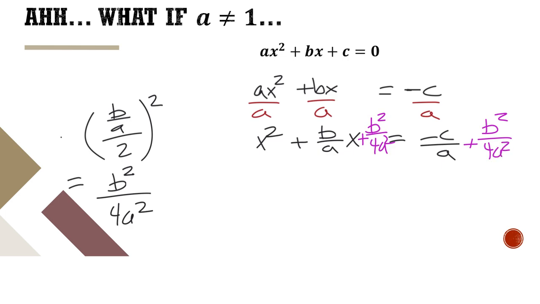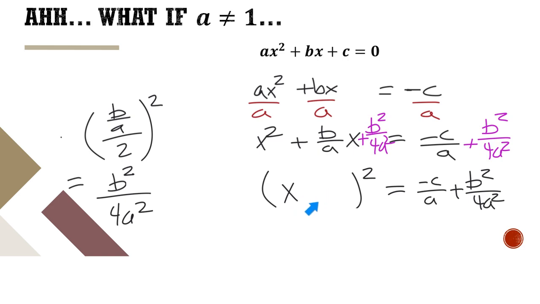Now, if you think about this, we can write it in its factored form. This squared is equal to all of this junk over here, which is negative c over a plus b squared over 4a squared. What are we putting inside of here? Well, that is just b over 2a. So this is just plus b over 2a.